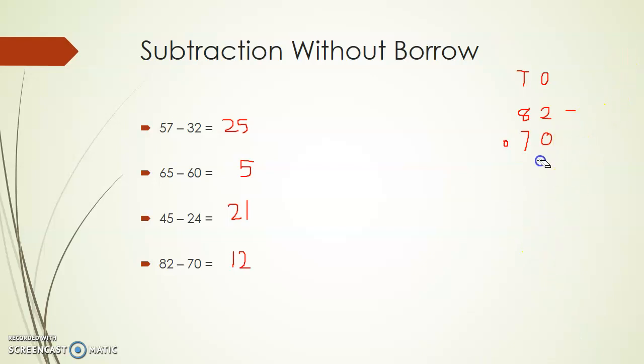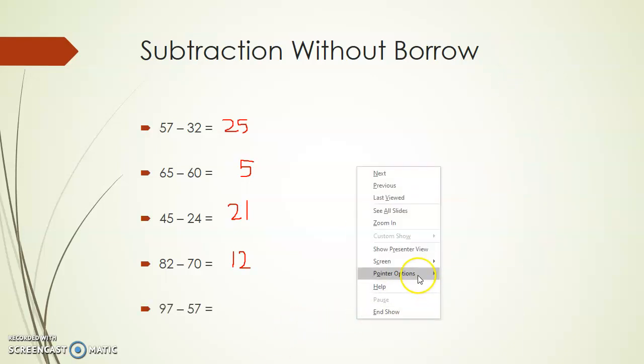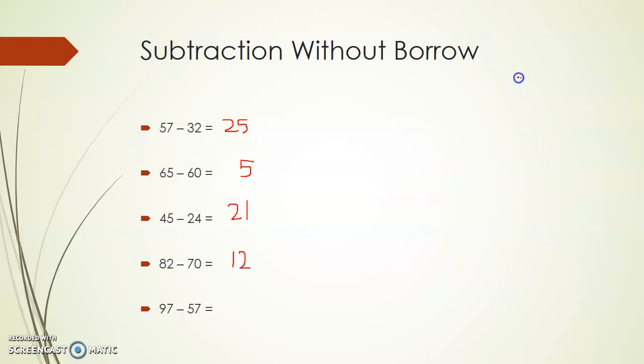Let us look at one more example. 97 minus 57. So in the place value chart, tens and ones. 97 minus 57. We start with the ones place. 7 minus 7.